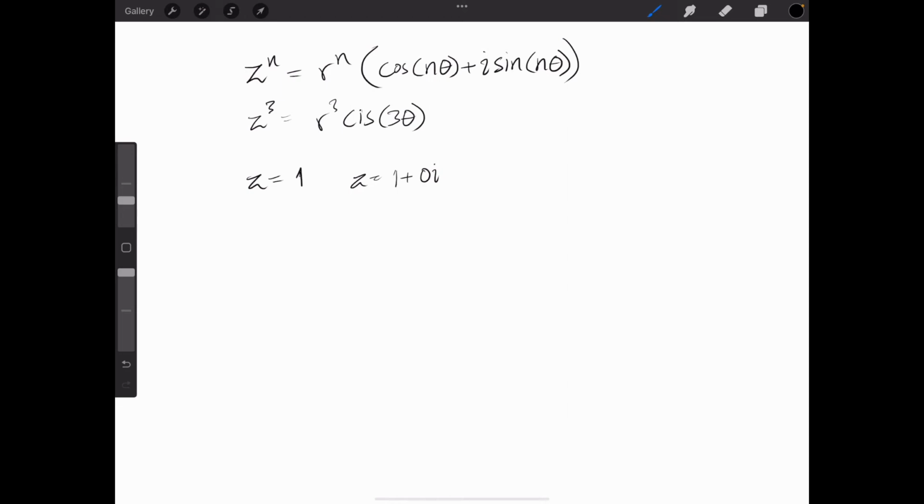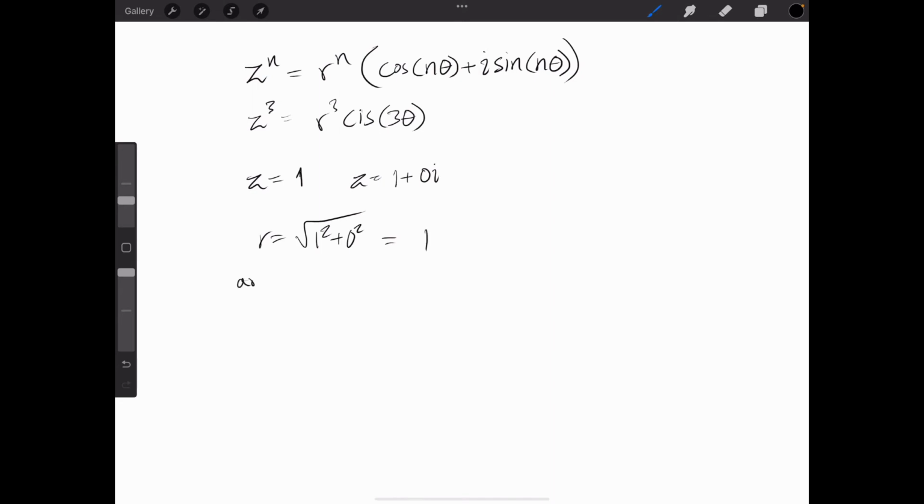The ways that this can be written in polar form are numerous, I guess. So let's first get this to polar form. If you remember, we have to first find the modulus and the argument. Luckily for us, in this case, modulus is just 1 because r is equal to the square root of 1 squared plus 0 squared, which is just 1.